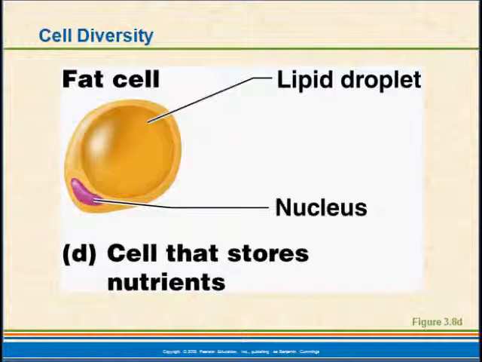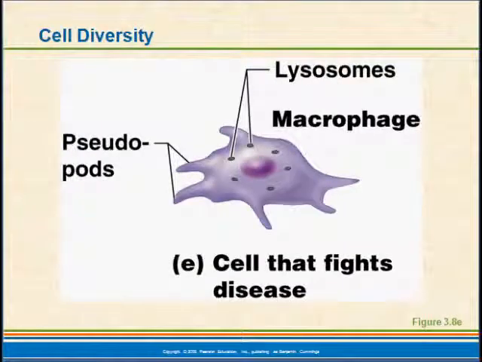We have cells that fight disease, and these are wandering cells that can actually clean up. They have loads of lysosomes. So as we talked before, we have all of these different organelles, but we're going to have them in different proportions depending on what it is that the cell does.